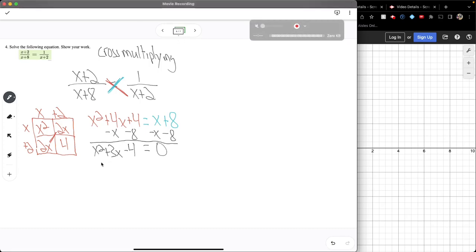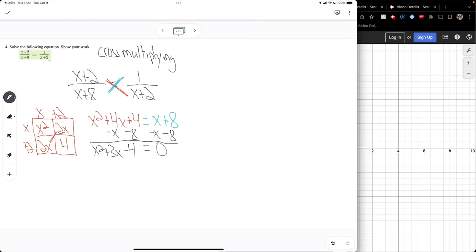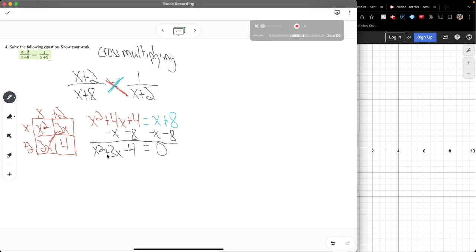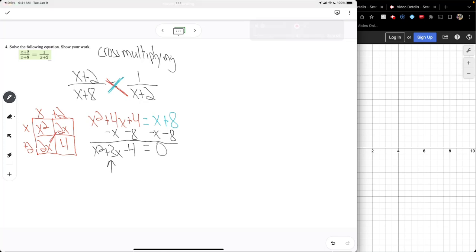Remember, you could solve this by either factoring or by using the quadratic formula, whichever method you prefer. I prefer to do equations like this by factoring, so that's what I'm going to do. I need two numbers that add up to 3 and multiply to negative 4.